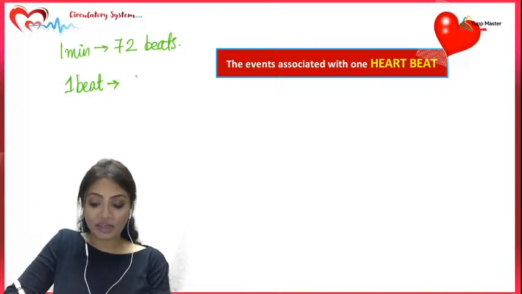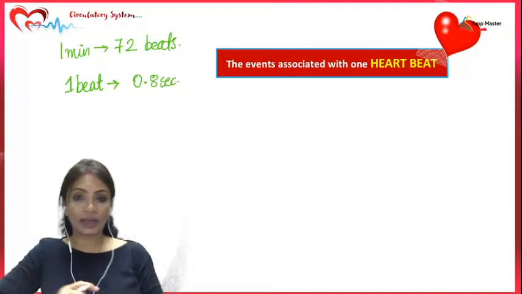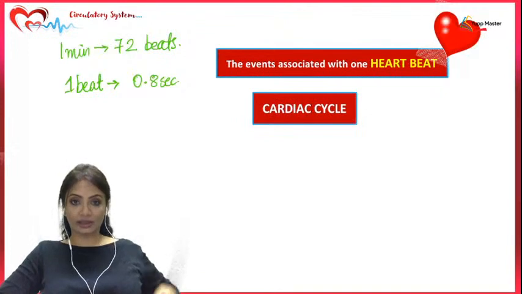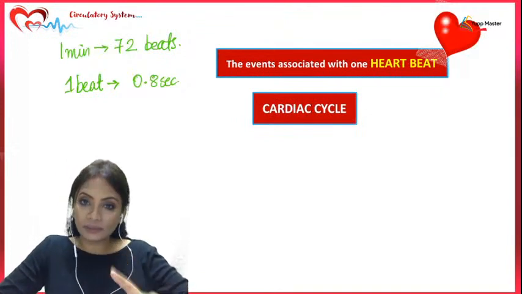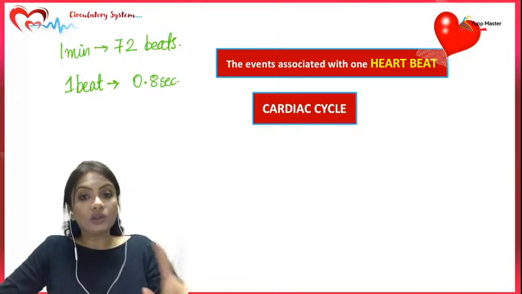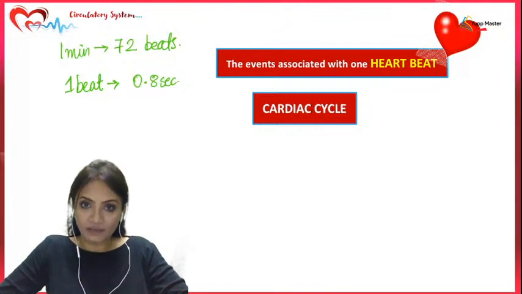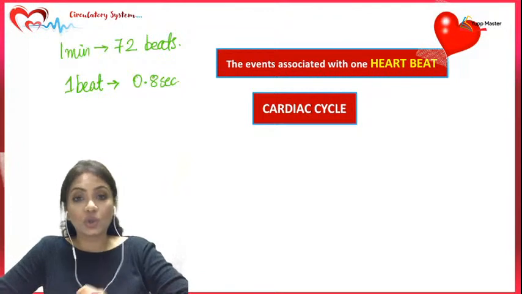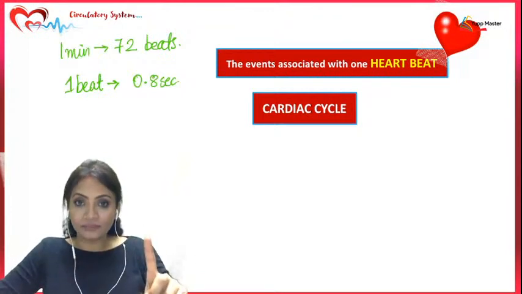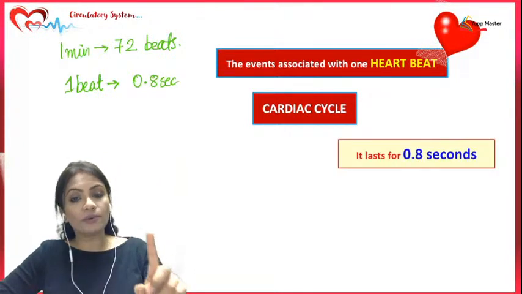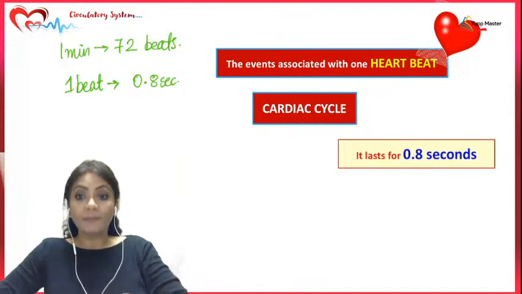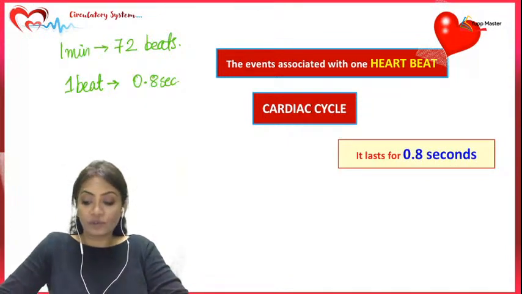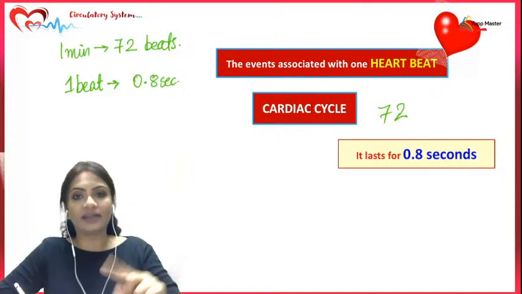That would last for 0.8 seconds. The events associated with one heartbeat in our body are all clubbed together, and we call those events the cardiac cycle. So one cardiac cycle lasts for 0.8 seconds, and in 1 minute there would be 72 cardiac cycles happening.